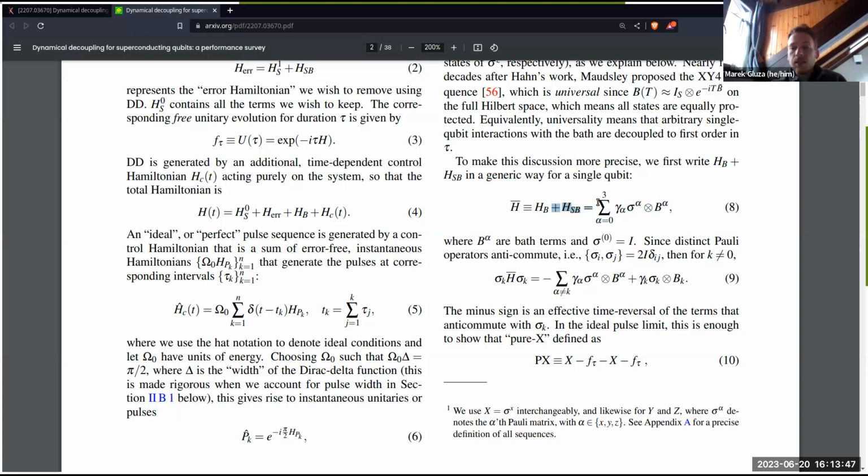Okay. Since distinct Pauli operators anti-commute, then for k non-zero, if you conjugate H by unitaries, exercise, you can prove that Pauli X, Y, and Z operations are unitary. The two-dimensional unitary group, okay?